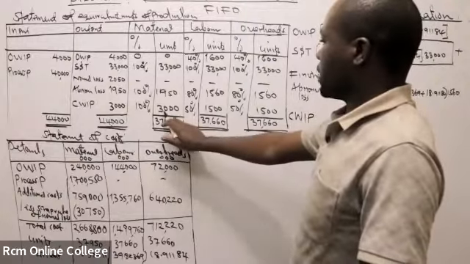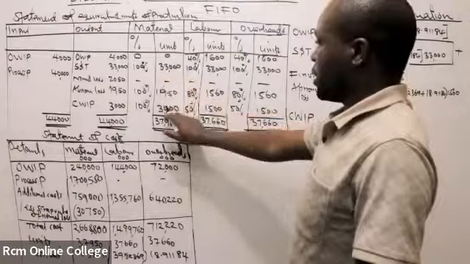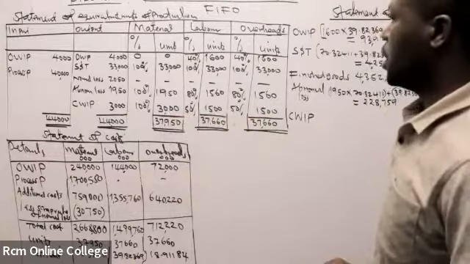Our closing work in progress, again, the same pattern, 3,000 for the material and the same units for labor and overhead.